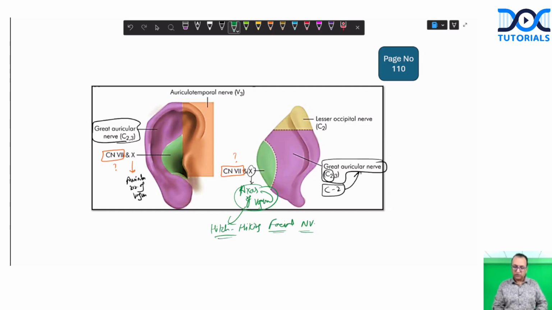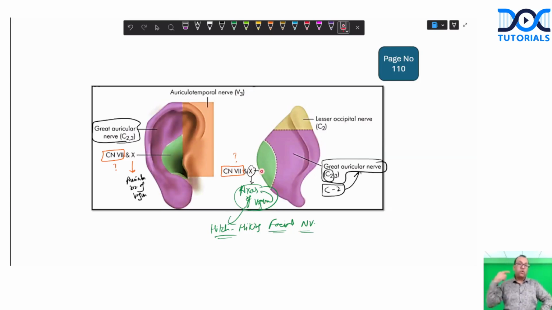So if somebody asks about this, you will always say it is the auricular branch of vagus which is supplying. But if it is missing, then you can say the facial nerve carrying those axons is supplying. And axons of vagus hitchhike on the facial nerve.